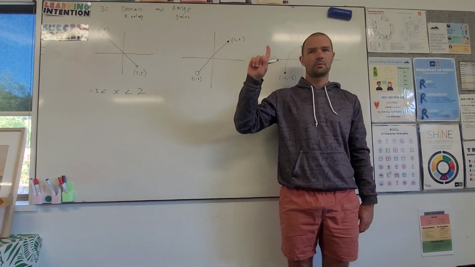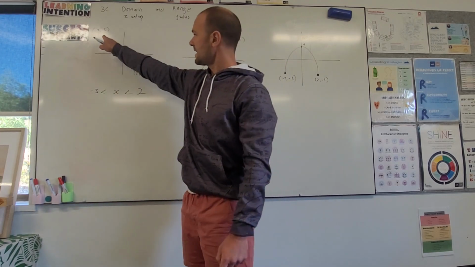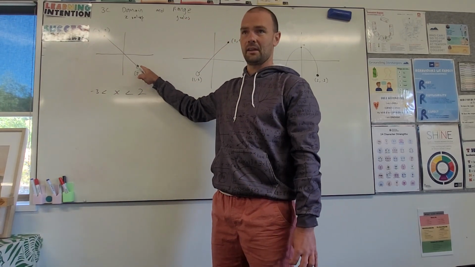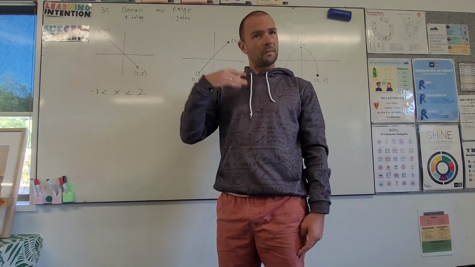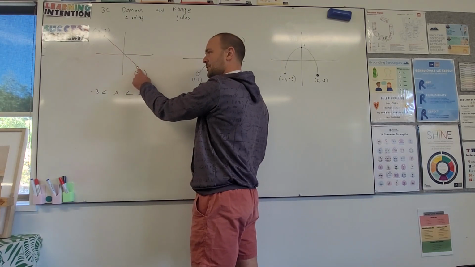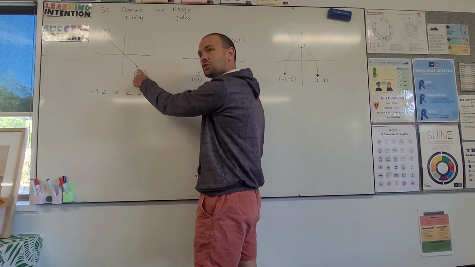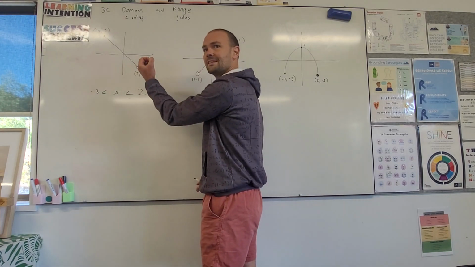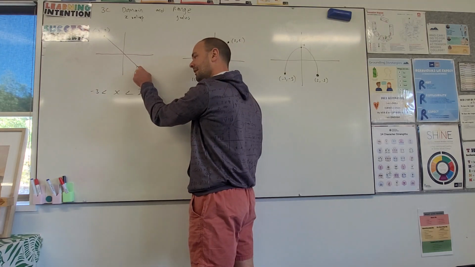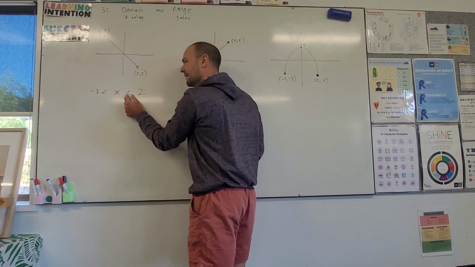There's one more step to do. You'll notice that some of the dots are coloured in and some of them are not. What this means mathematically is that the graph goes right up to 2, but it doesn't touch at 2. A hollow dot means it doesn't touch at that point, which means we're not including 2, it means x is less than 2.